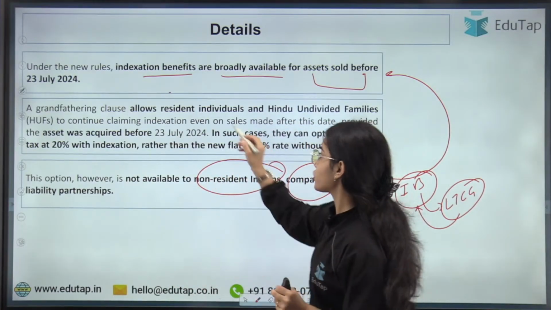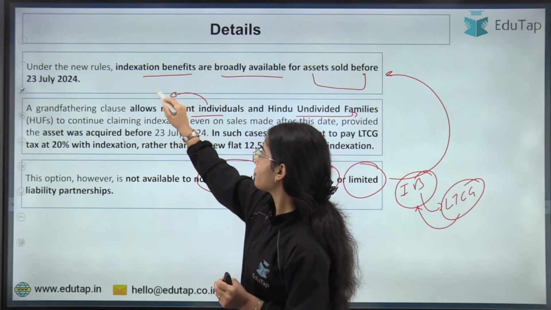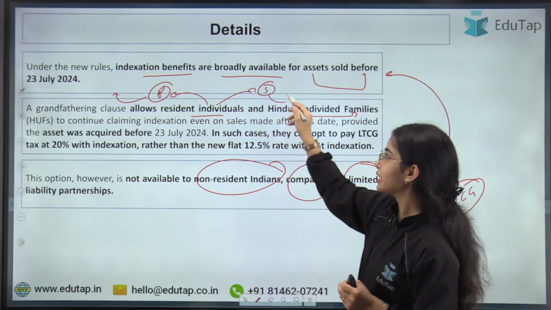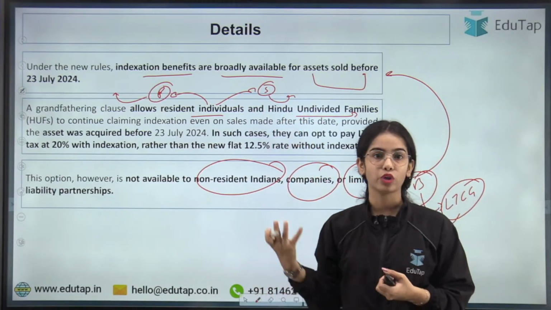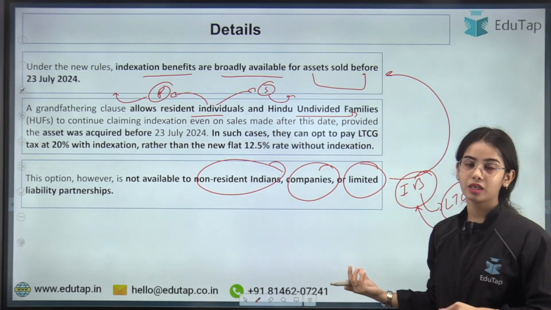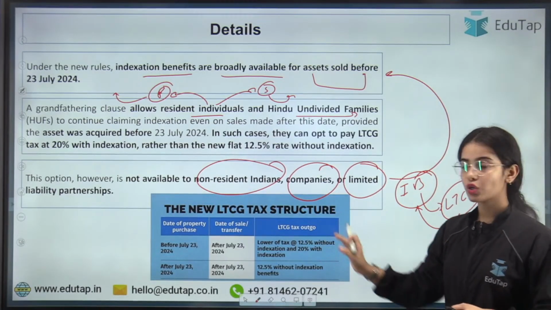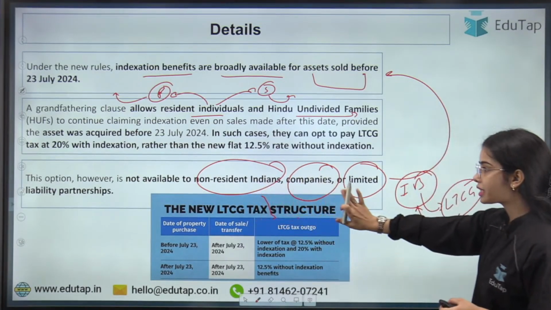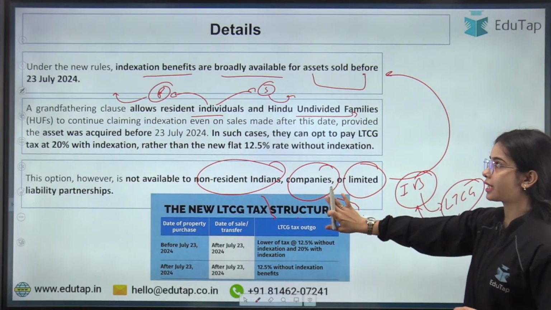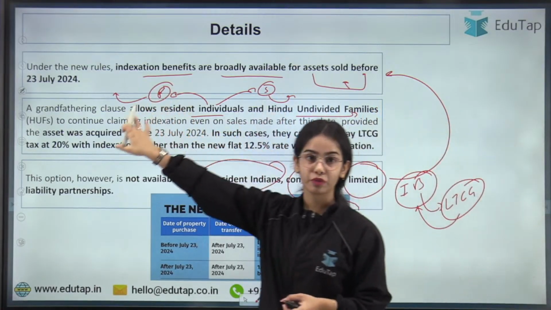Okay, but in the case of resident individuals and Hindu undivided family, if they have purchased the property before this date and they are selling the property after this date, then also they will get the benefit of indexation if they want to take the indexation benefit. Okay, so this is the idea. I hope this is clear. So non-resident Indians, companies, limited liability partnerships, they will not be able to get any indexation benefit if they are selling the property after 23 July 2024.